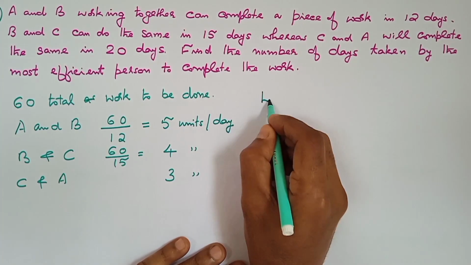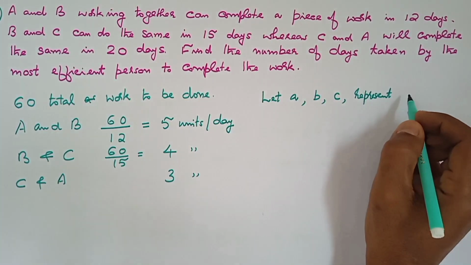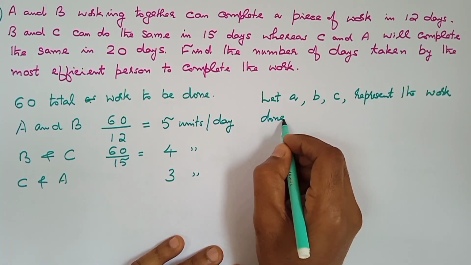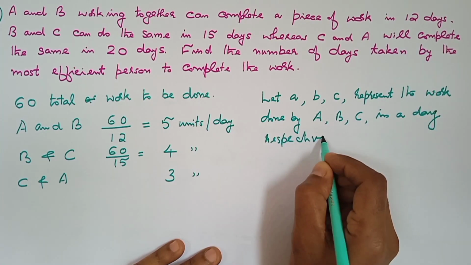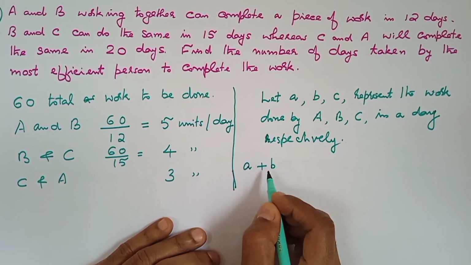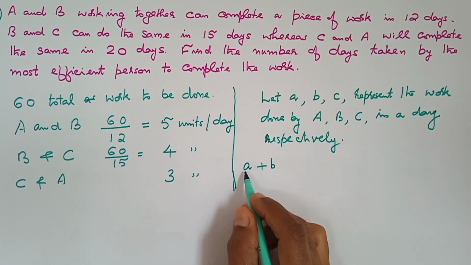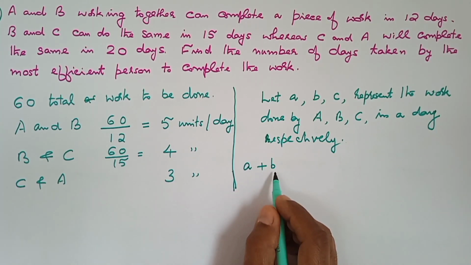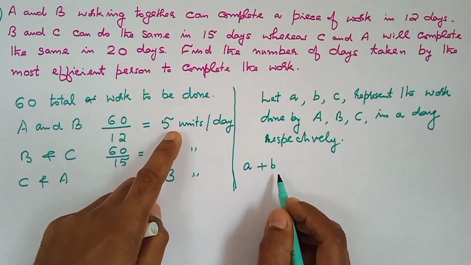So let A, B, C represent the individual efficiency, or the work done by A, B, C in a day respectively. Then what will be A plus B? That will be the total work they do in one day, because A stands for the daily work done by A and B for the daily work done by B. Together they do so much work in a day, which on the basis of this assumption is 5 units.